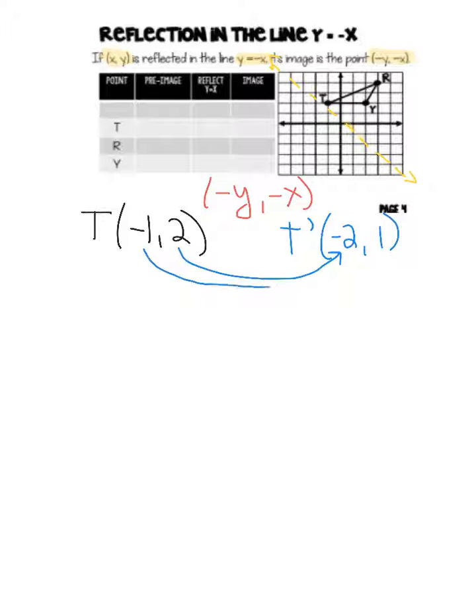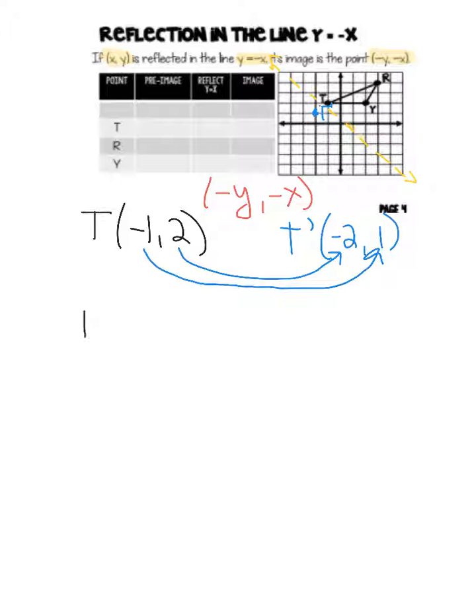And then the 1, which was the x, becomes a y, and we change the sign. So, -2, +1. So there is T prime.